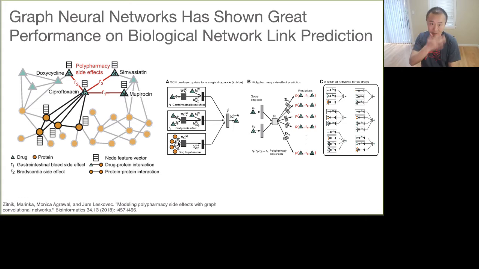In particular, this uses drug interaction, drug-protein interaction, and protein interaction networks, and uses graph neural networks to model the interactions and finally predict the polypharmacy side effects.